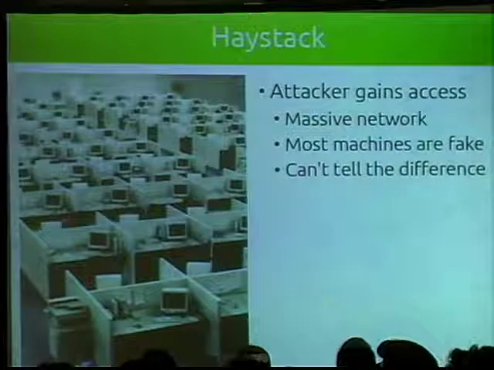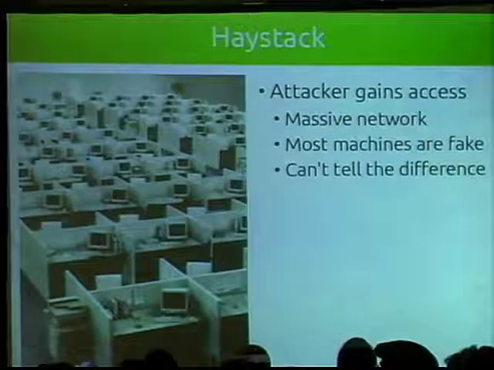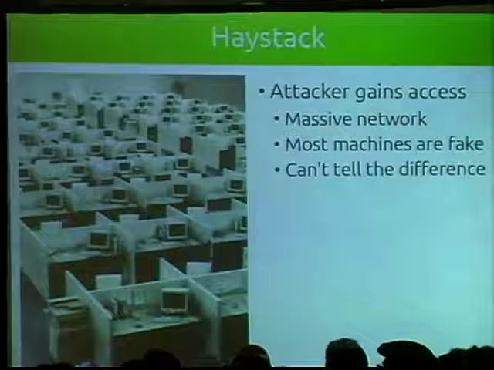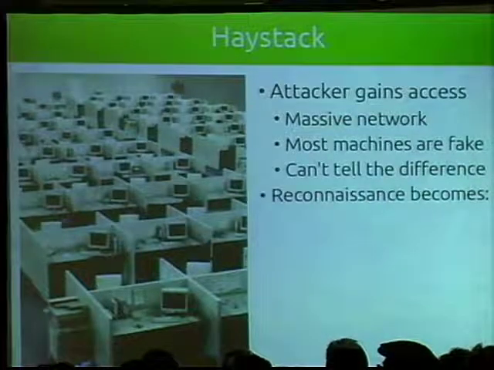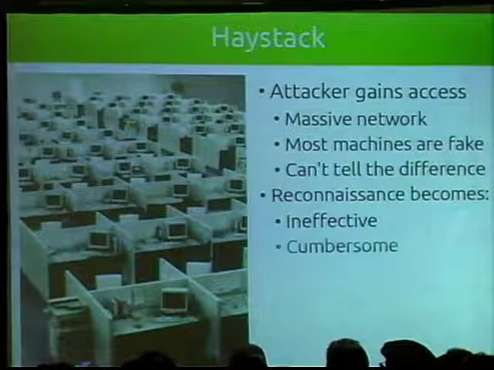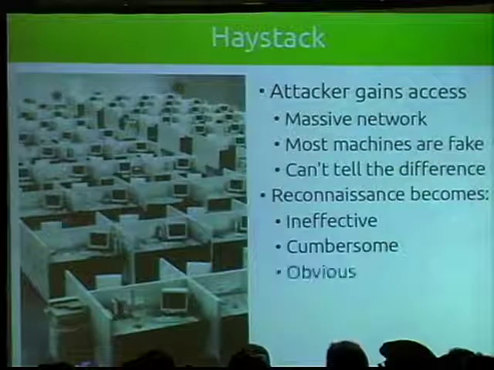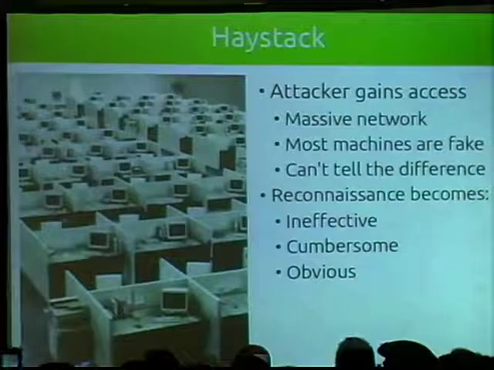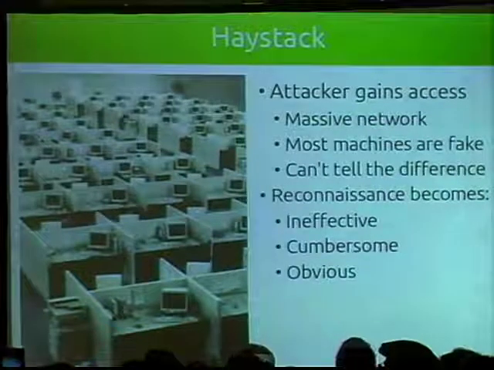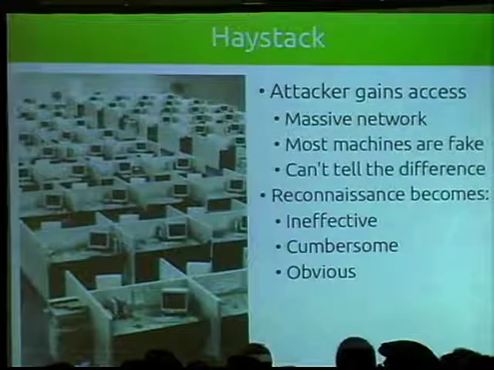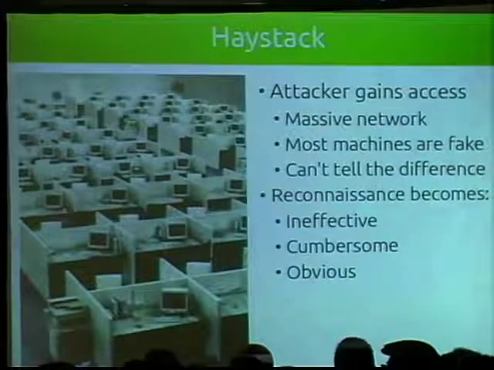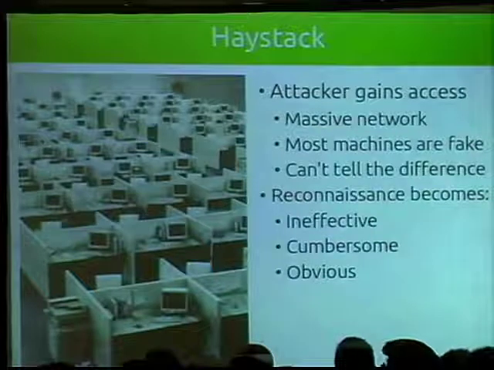You can spend hours trying their individual services, trying to log into them, seeing if they're exploitable. So reconnaissance itself becomes ineffective, cumbersome and obvious. You don't know what machines are fake, and trying to find out what's actually exploitable becomes really, really hard.